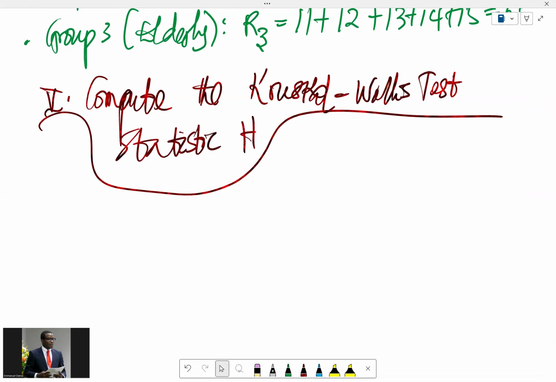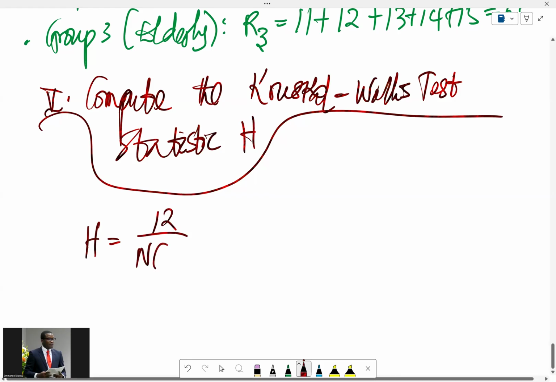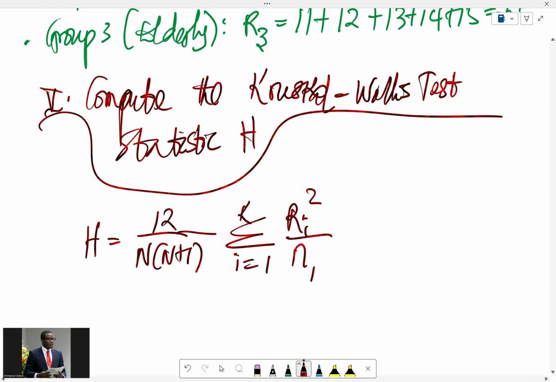The formula is H equals 12 over n into n plus 1, times the summation from i equals 1 to k of Ri squared divided by ni, minus 3 into n plus 1.